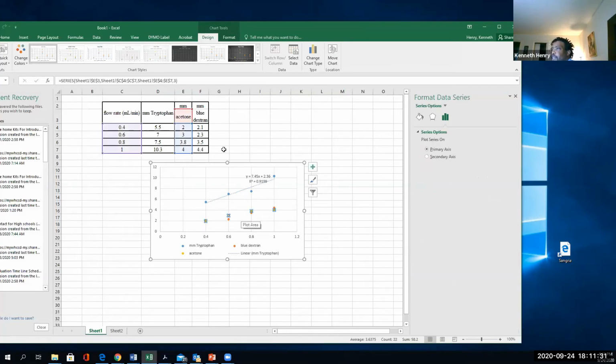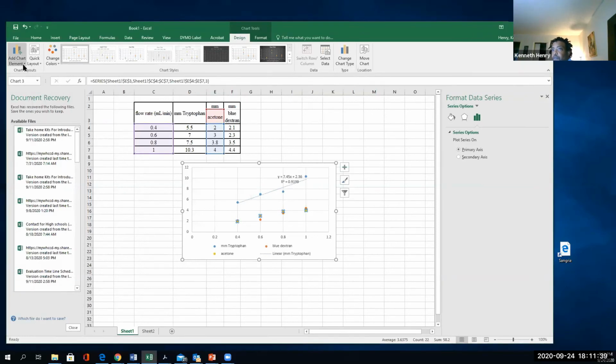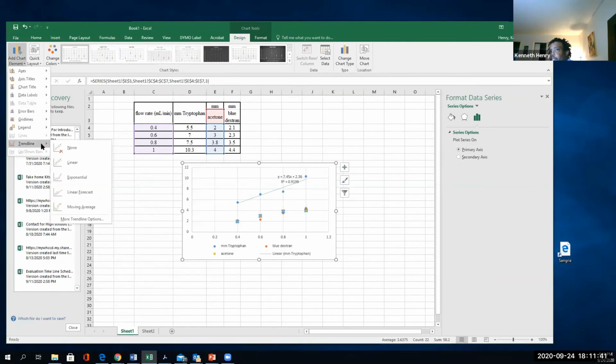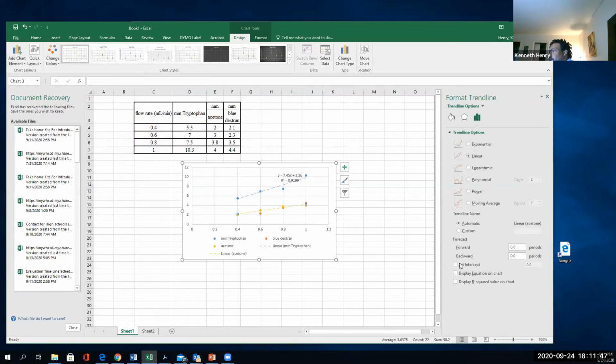So then I'm going to do the same thing with this one. Add elements, go to trend lines, go down to more trend line options. Hit linear, display equation, display my R squared. And then I'm going to do the same thing with the last one.